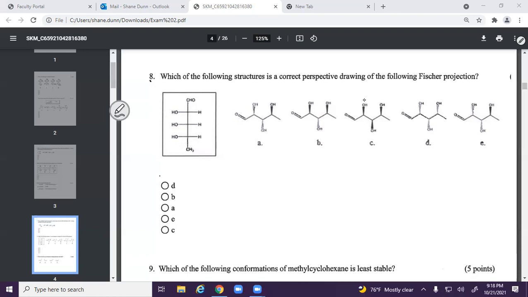Unless you can visualize, since these guys are going down, this carbon is theoretically being bent and it's going down to the page. Because you can go up or down, which are wedges, theoretically speaking, or axial. I'm just going axial going down instead of axial going up. But that's all I could think of.